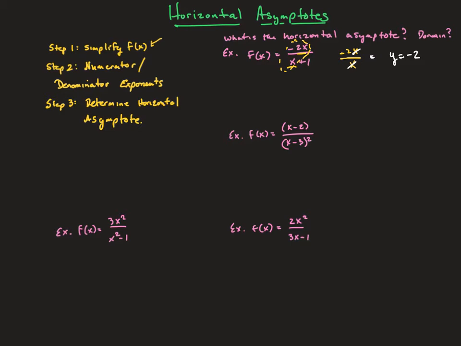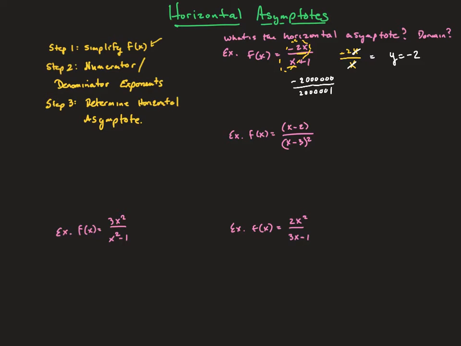Because as my function, since x over x cancels out, as x approaches 1,000,000, I would have negative 2,000,000 over positive 2,000,000 and 1.